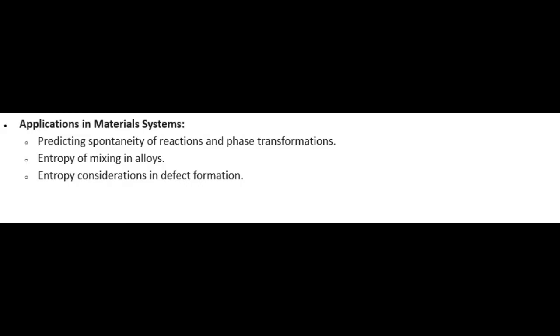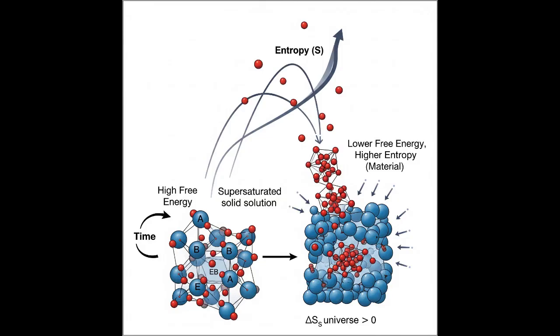The second law and the concept of entropy have profound implications for materials science, predicting the spontaneity of reactions and phase transformations. The second law provides the ultimate criterion for spontaneity. A process will occur spontaneously if it leads to an overall increase in the entropy of the universe.